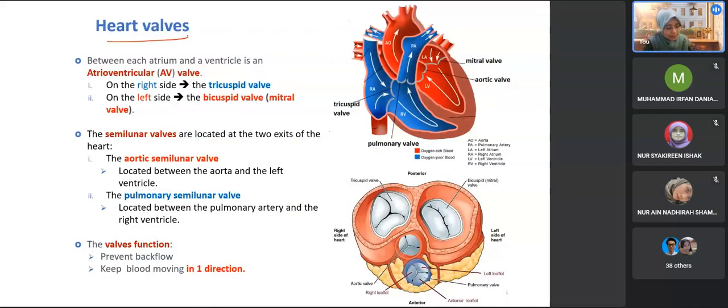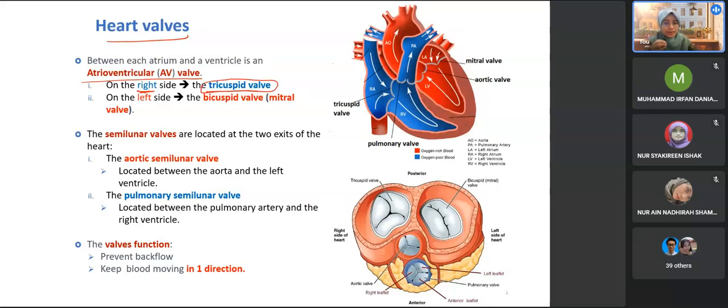Okay, so the heart valves. The heart valve between each atrium and a ventricle is an atrioventricular valve, or AV valve. Okay, so it has its specific names. On the right side of the heart, it is called the tricuspid valve. So in between the right atrium and right ventricle is the tricuspid valve.